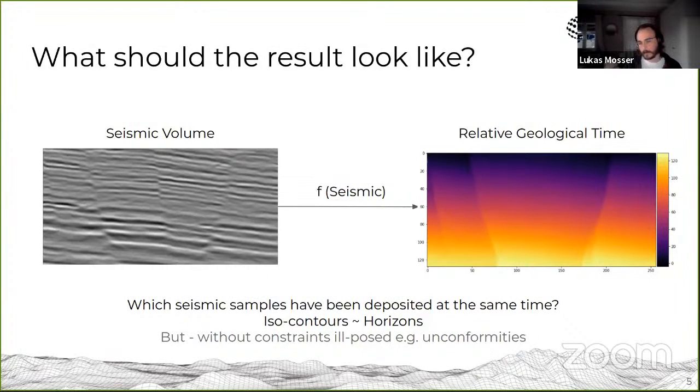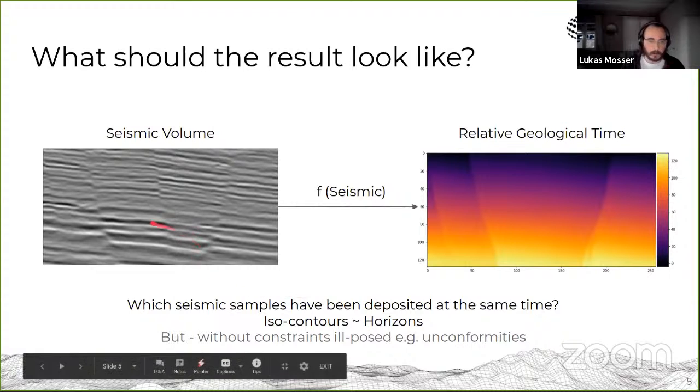And there is an implementation of this, which is in the same publication by Ximing Wu and Dave Hale, where you can actually incorporate such constraints that come in the form of horizons or constraint points, so that you tell the relative geological time estimation algorithm which points across the fault, for example, here, should actually correlate with each other, which ones should be next to each other.